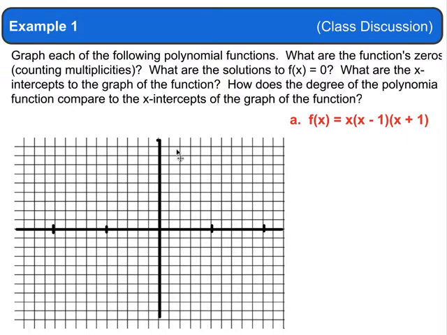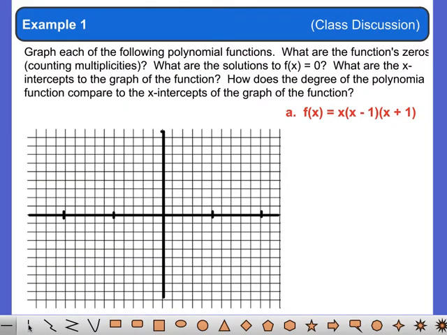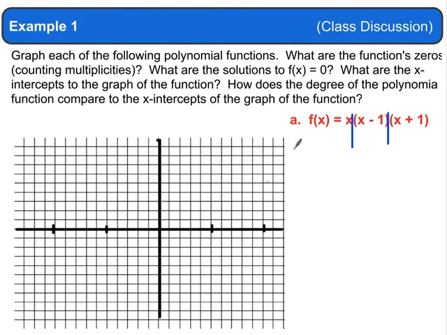If we were to solve this one, like we did in the previous sections, we would separate each of these factors along here, and then we would set each one equal to 0.